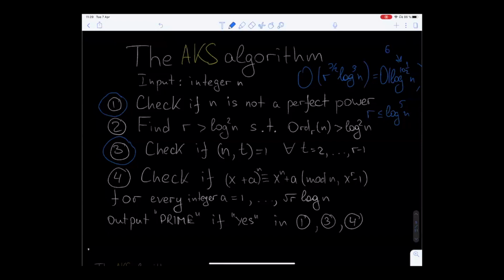Since r should be at least log squared n, we cannot hope for anything better than 6, because r to the 3/2 would be then log cubed, and in total it would be log to the 6. And I think 6 plus little o of 1 at least was reached via more complicated analysis of the same algorithm. Okay, so let's take a break.